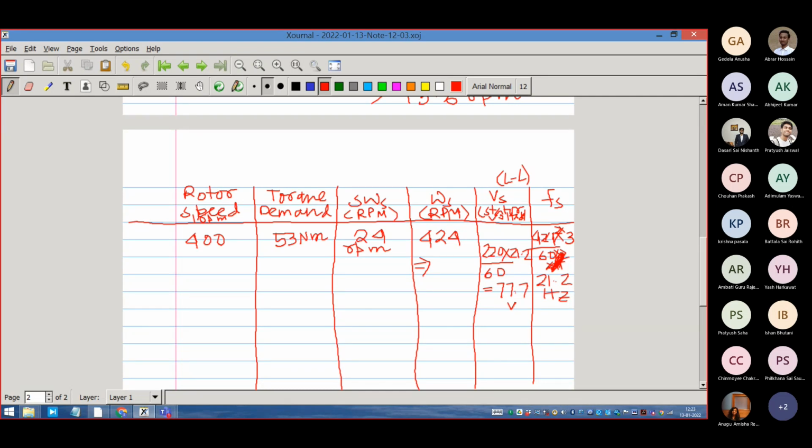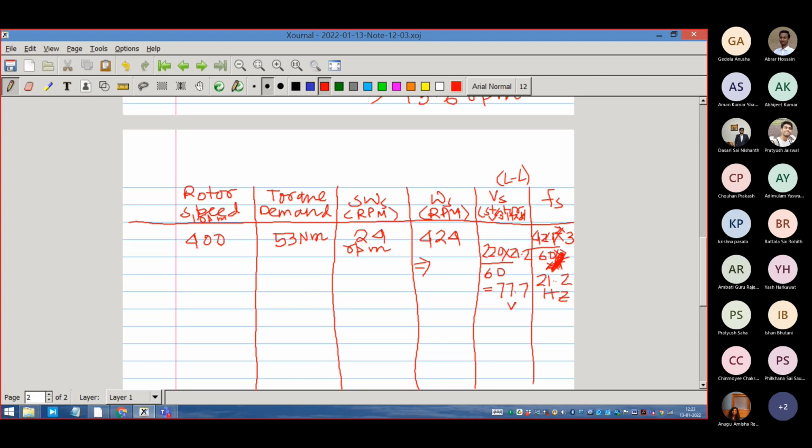If the rotor speed is 400 RPM, it's the demand, and at that time torque is 53 Newton meter. The S omega S must be 24 RPM. So the synchronous speed should be 424 RPM. The 424 RPM will boil down to a supply frequency of 21.2 hertz.